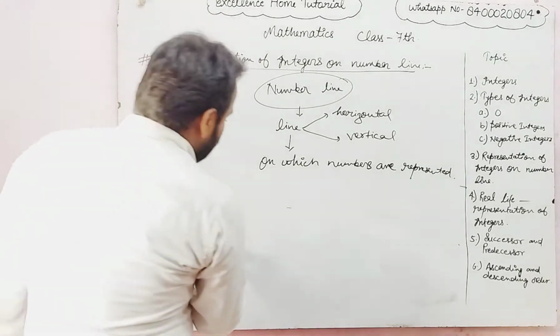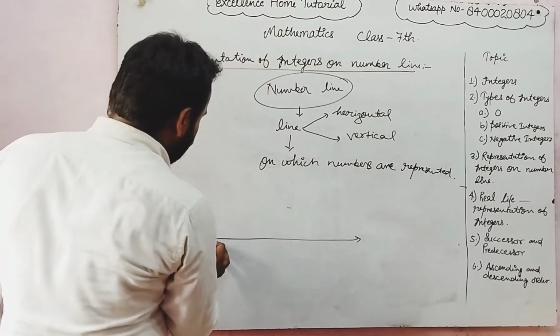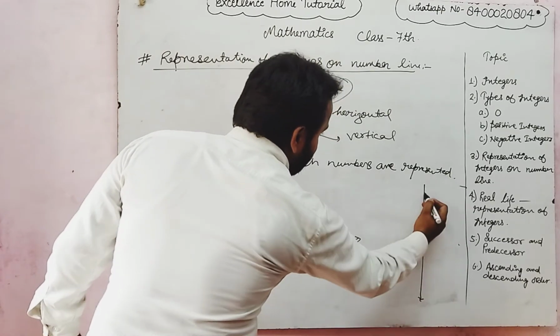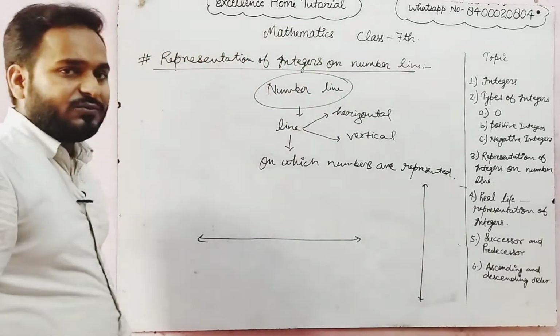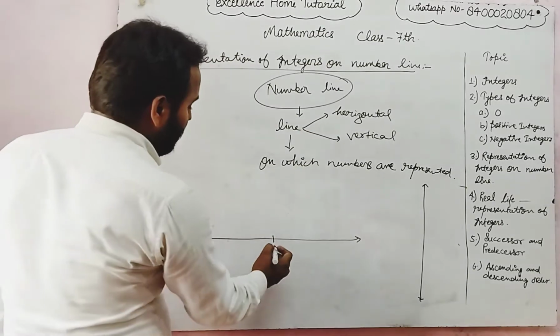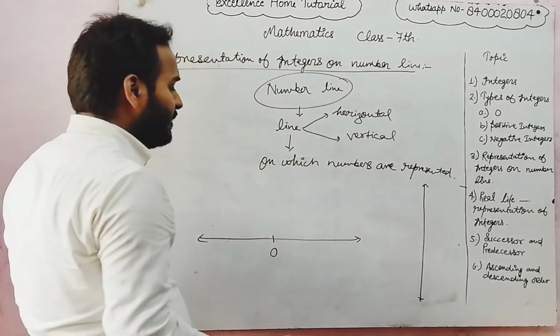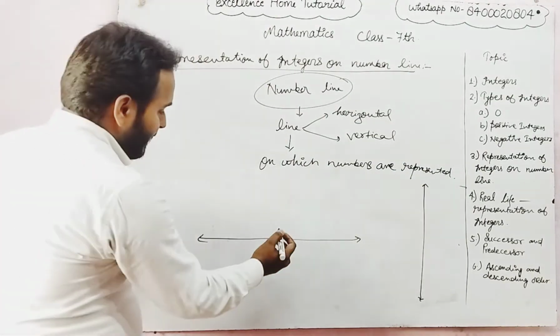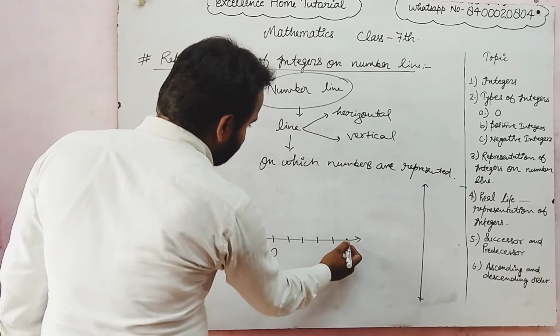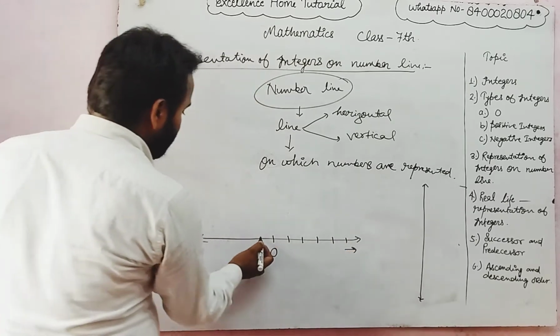This is a horizontal number line and this is a vertical number line, on which we have to mark 0 anywhere. After that we have to divide it into equal parts and so on.